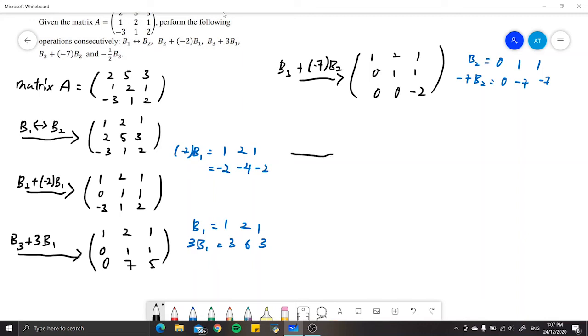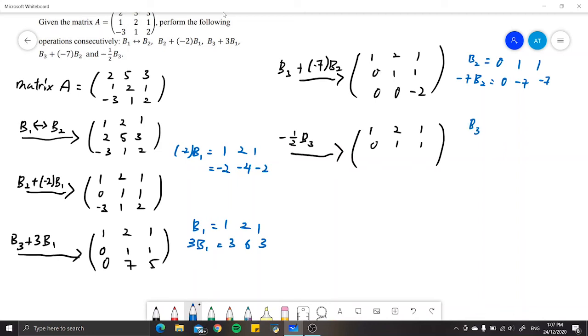Okay, for the last one, negative 1 over 2 R3. This operation is mainly focused on R3, so we can copy down the first two rows as mentioned before, and then we just multiply everything by negative 1 over 2.